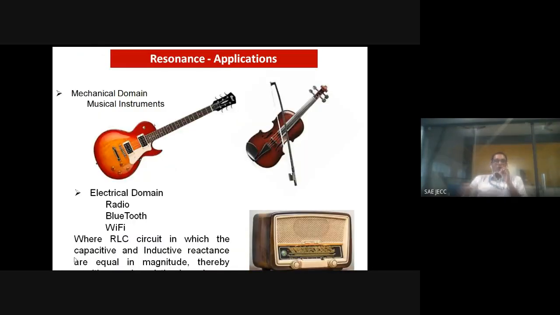Now, resonance, what are the applications? Is it an advantage or disadvantage for day-to-day life? Here, in the mechanical domain, we have different examples, such as musical instruments. If you take a guitar, you may have seen different types of strings.